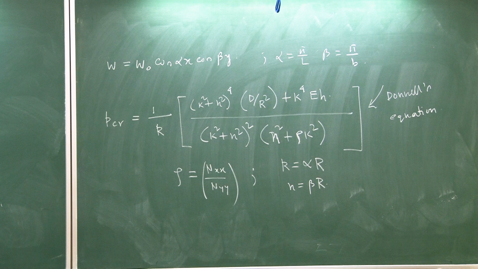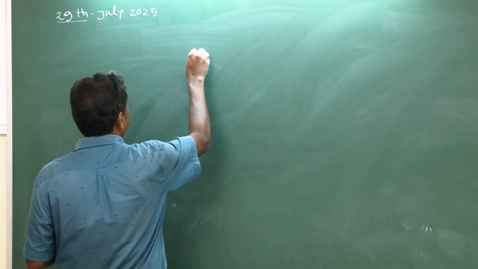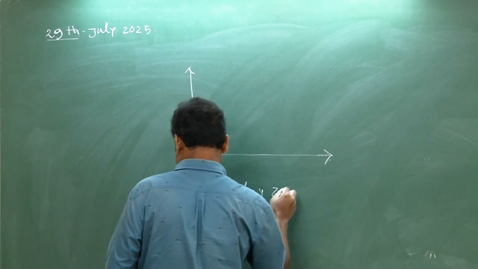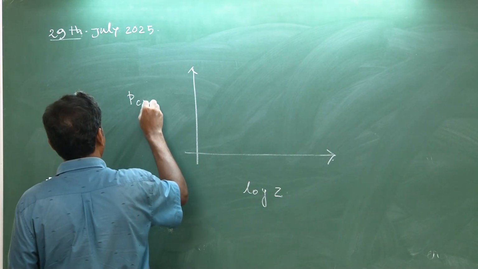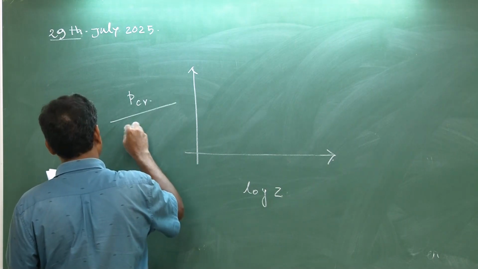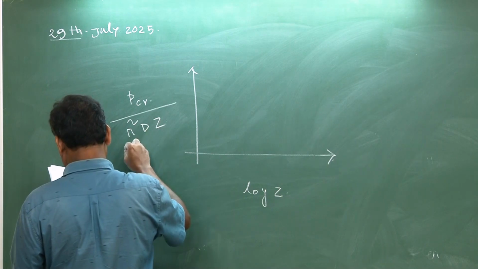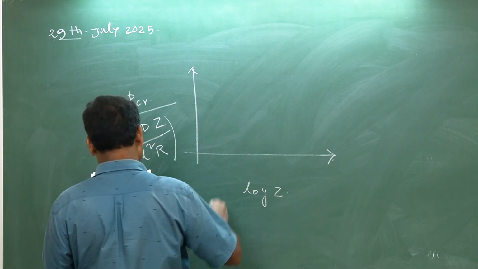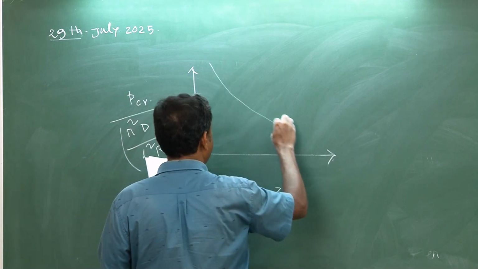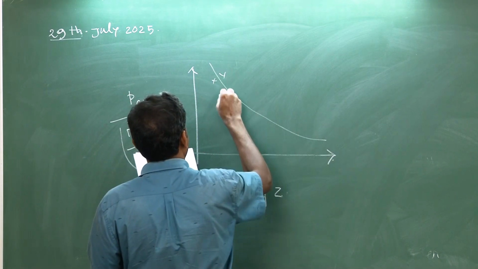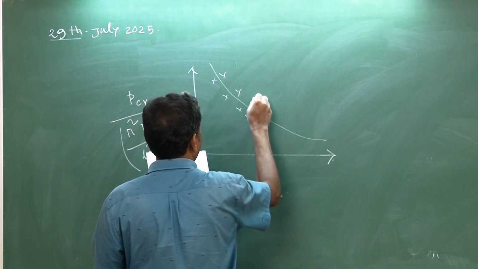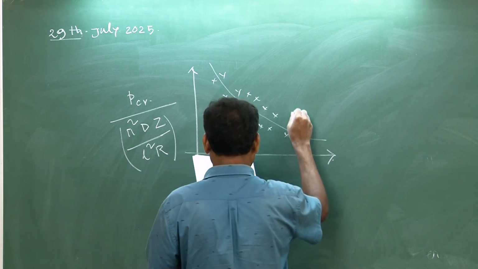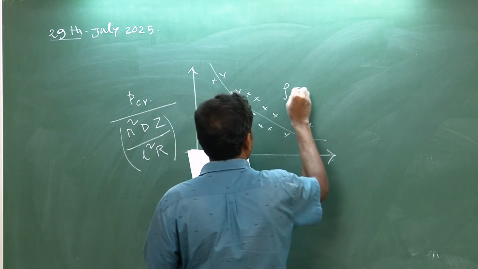Then there is an interesting fact here. I am going to plot log z here, and here PCR divided by pi square D z divided by L square R, for rho equal to 1 by 2.